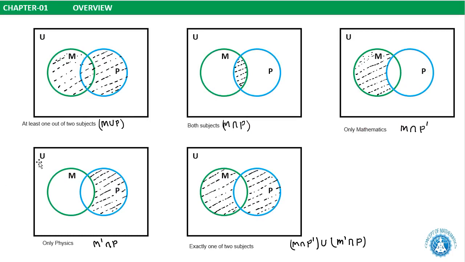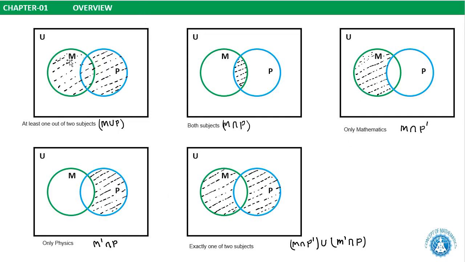Now let us come to some important properties related to union and intersection. When we are dealing with word problems, this will be very useful to us.